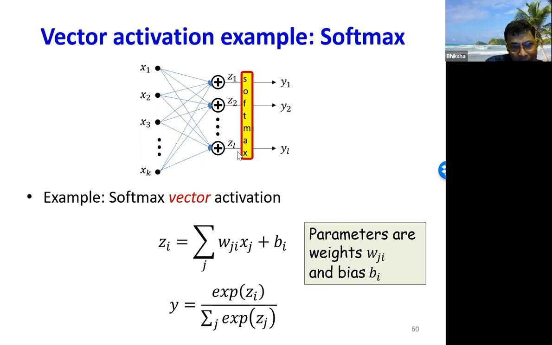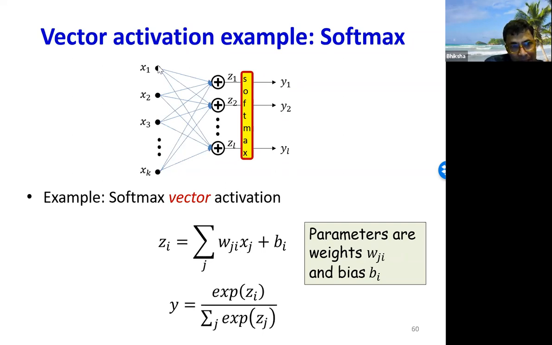Each one of these affine values is exponentiated, and then you normalize all of these exponentiated values so that they sum to 1. Because all of these outputs now sum to 1, you can think of them as a probability distribution. And the parameters of the softmax are the weights and biases of all of these affine terms.